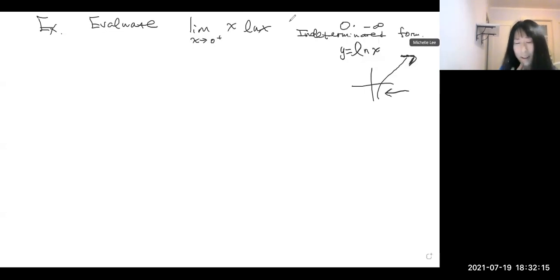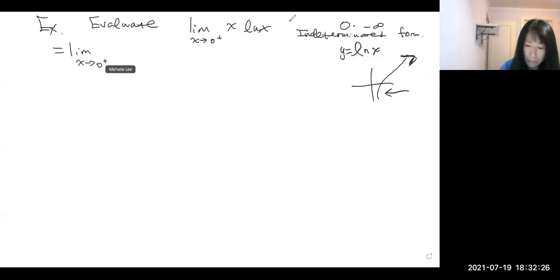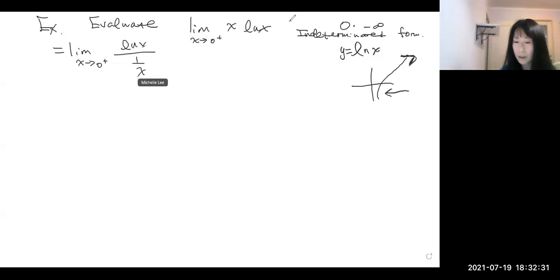Okay, but in order to use L'Hopital's rule, we have to have a fraction form. Then look, do you agree with this one? It's the same as? Yes, good. Now, when x approaches 0 from the right, ln x, we know, is negative infinity.